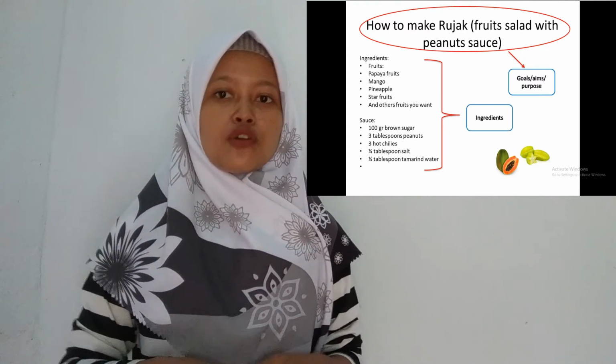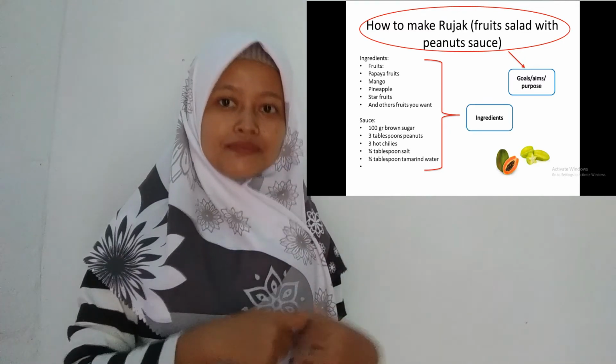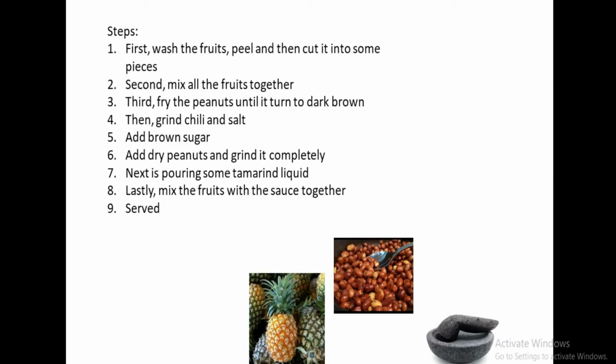And then the ingredients are categorized as ingredients in a procedure text. And then we come to the steps. It is categorized as steps in a procedure text. Do you understand? What are the generic structures of procedure text?